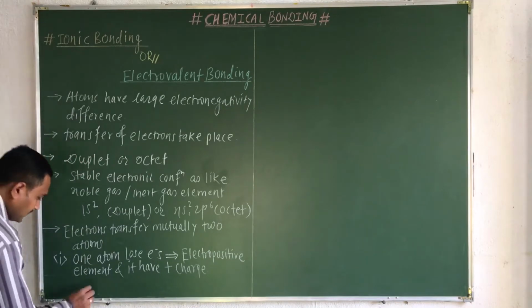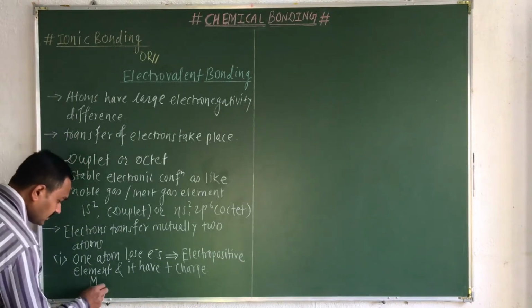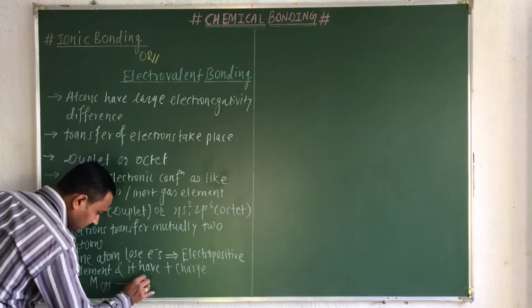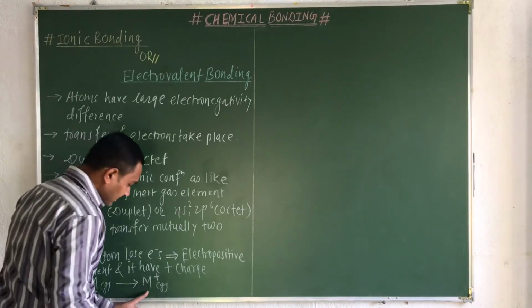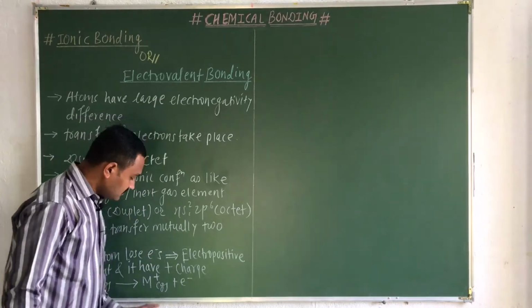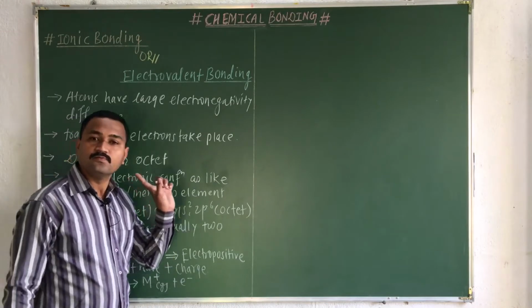For example, consider a general example: M is a metal, or any atom, which when it loses one electron is converted into its ion M+. This particular ion is known as an electropositive element.